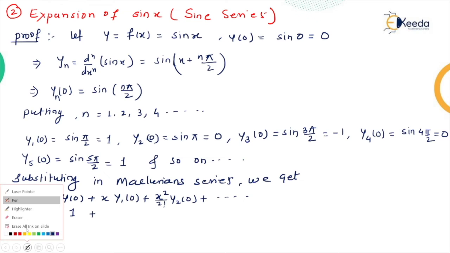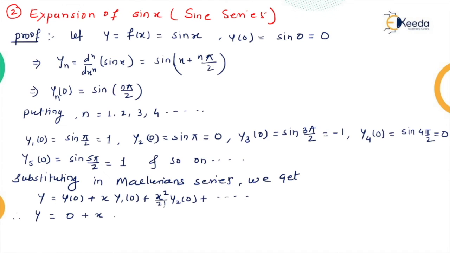So y equals 0 plus x into y1 of 0, which gives 1, plus x square upon 2 factorial into y2 of 0, which is 0, plus x cube upon 3 factorial into y3 of 0, which is minus 1, plus x raised to 4 upon 4 factorial into y4 of 0, that is 0, plus x raised to 5 upon 5 factorial into y5 of 0, which becomes 1, plus and so on.